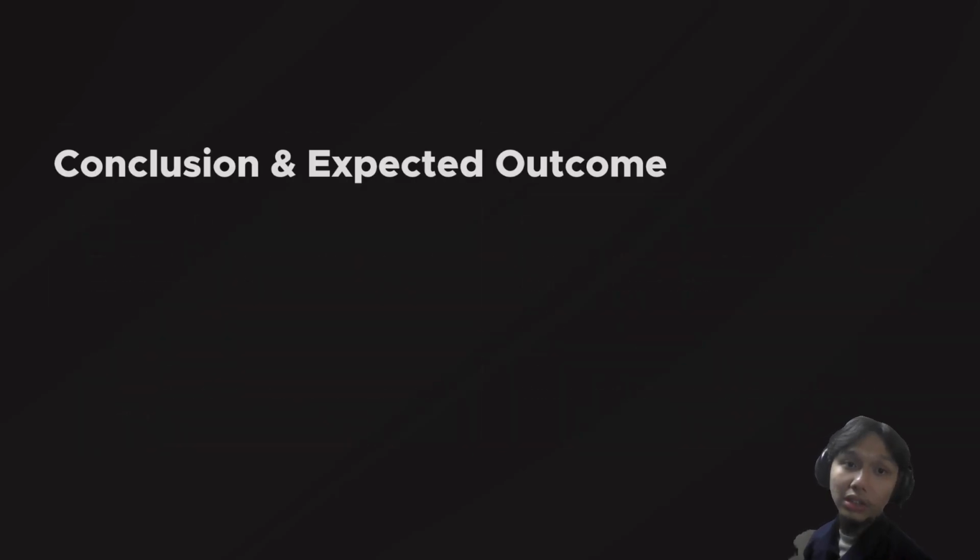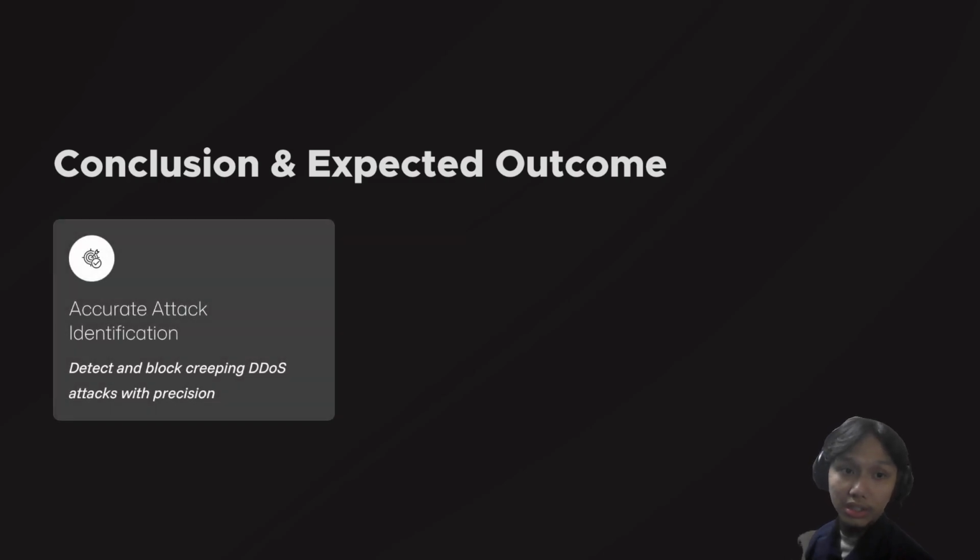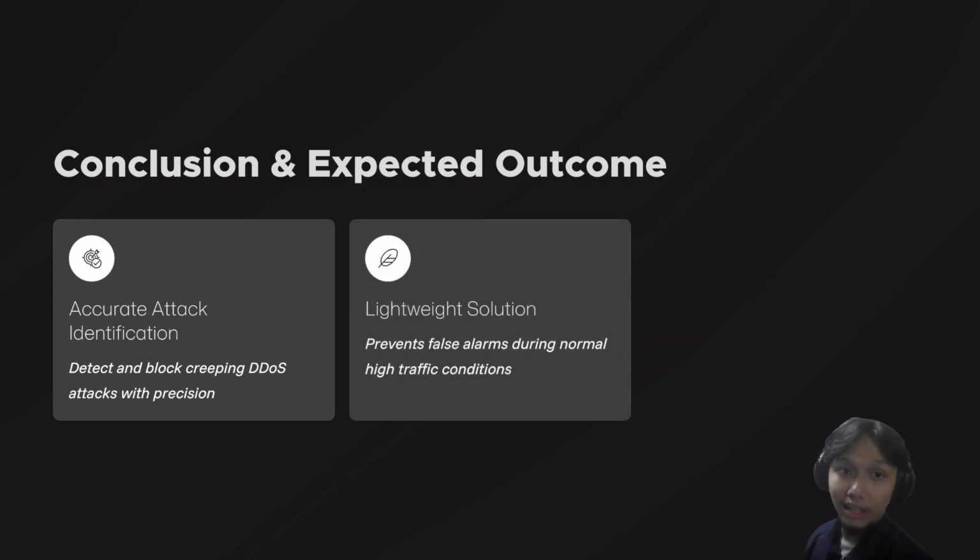Okay, and finally the conclusion and expected outcome of this research, which is accurate attack identification. It may not be perfect, but it can be pretty accurate, detecting and blocking creeping DDoS attacks with precision. And then a lightweight solution, which means if this is successfully implemented, it is pretty lightweight and can be implemented in the SDN, preventing false alarms during normal high traffic conditions.